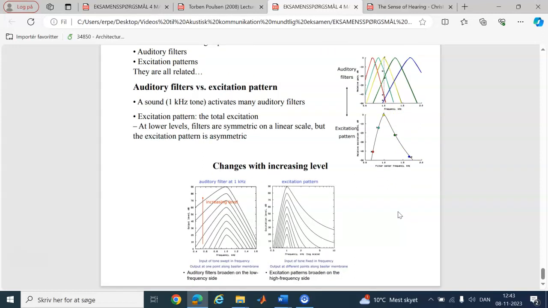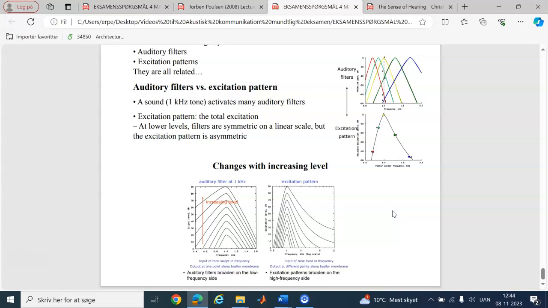The excitation pattern is the total excitation. At lower levels, filters are symmetric on a linear scale, but the excitation pattern is asymmetric, and it changes with increasing level. You have an auditory filter at, for instance, 1 kilohertz.